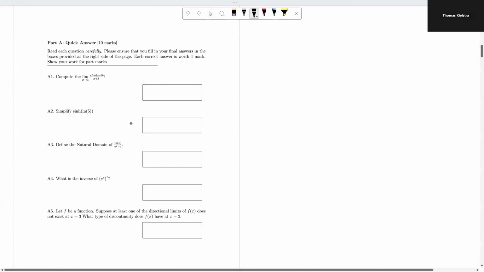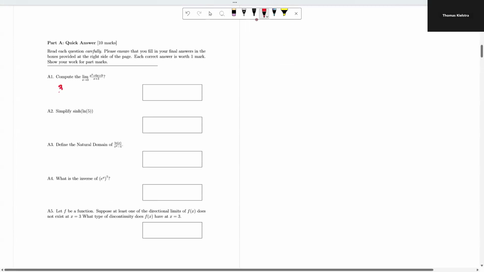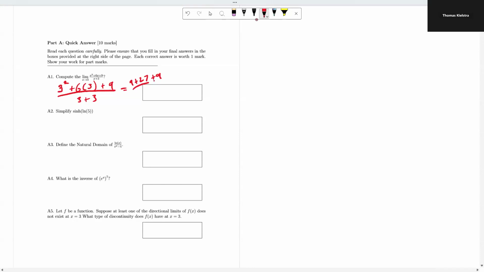Okay. So the first question, if we compute the limit as x approaches 3 of x cubed plus 6x plus 9 over x plus 3, if we just plug it in, we get 3 squared plus 6 times 3 plus 9 over 3 plus 3, which is equal to 9 plus 27 plus 9... plus 18 plus 9 all over 6, which equals 36 over 6, which equals 6.